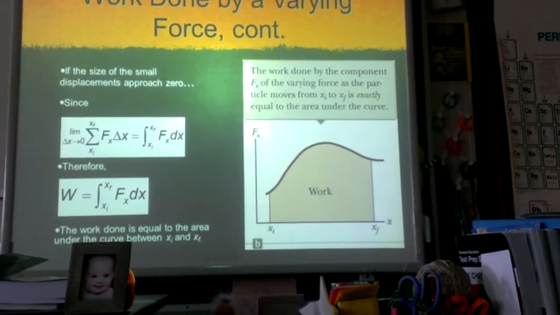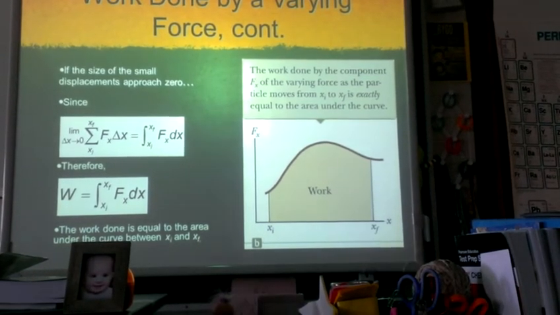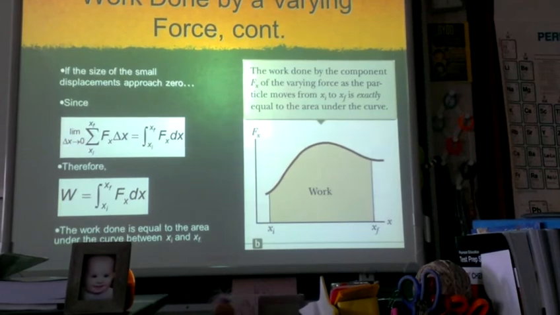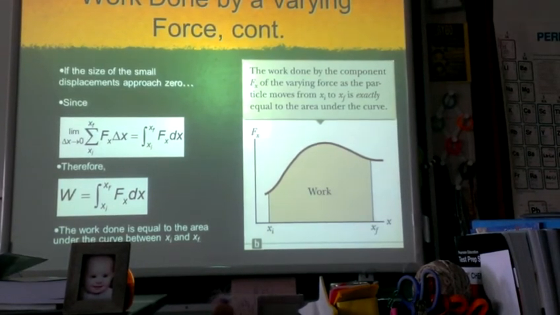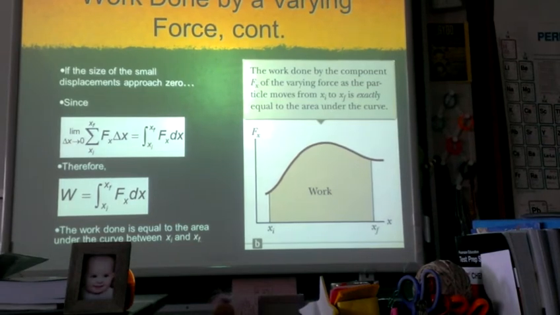Because of that, we can think about using the exact same work equation. So if the size of the small displacements approach 0, then ultimately we're going to get a limit. The number of terms in the sum is going to increase without limit, but the value of the sum is going to approach a definite value equal to this area that's shaded here that we call work.